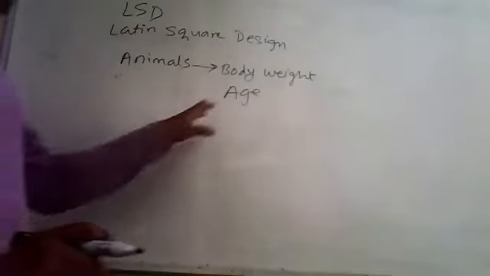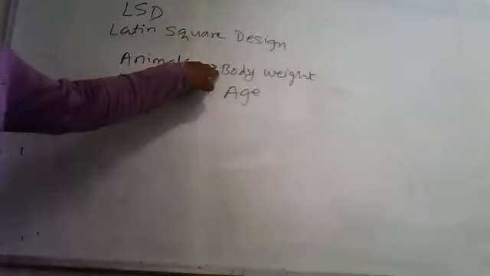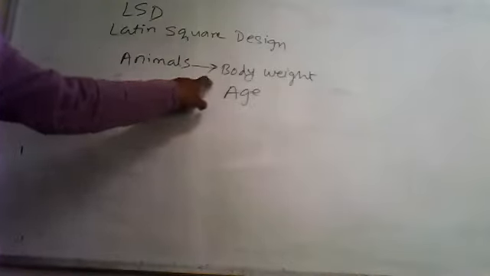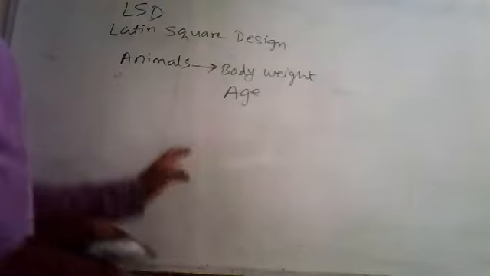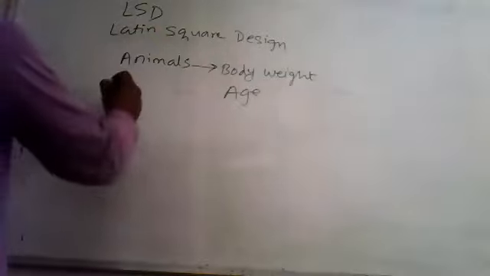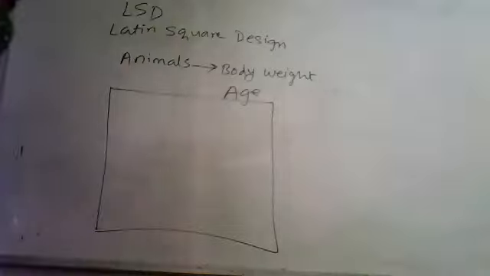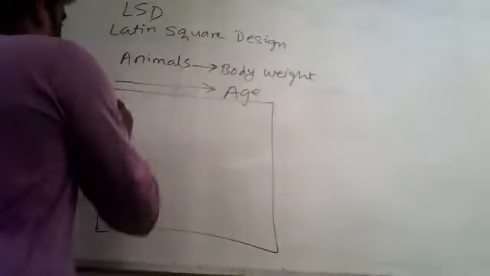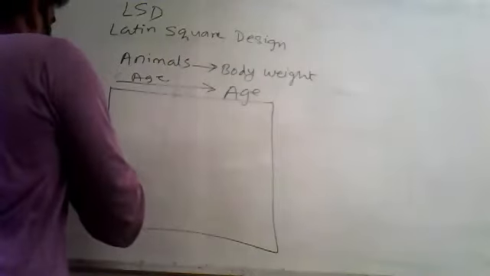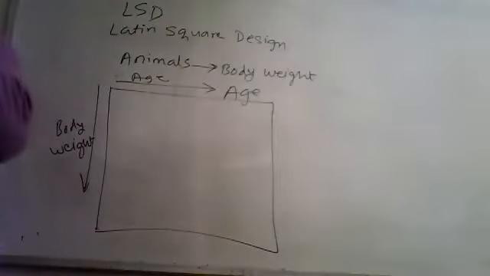So there is a variation in two characteristics. One variation is according to the body weight, and one is due to the age. That means we have to reduce these two variations. Suppose one variation is in this direction and one variation is in this direction. This is age and this is the body weight. Okay.